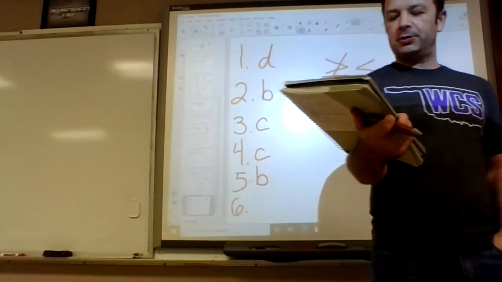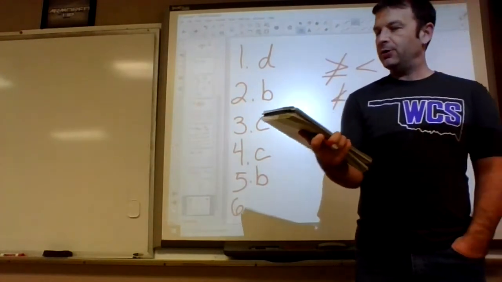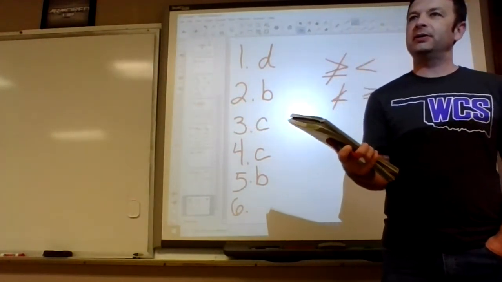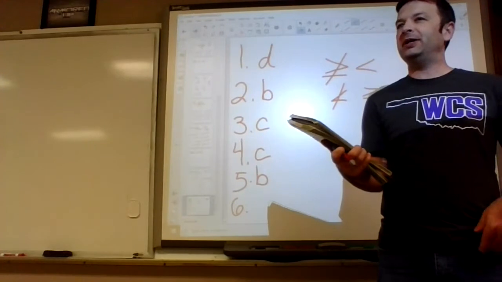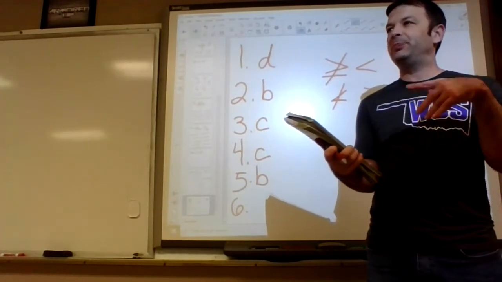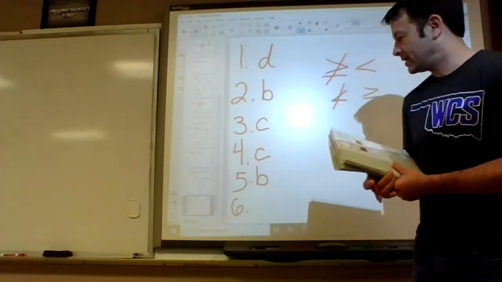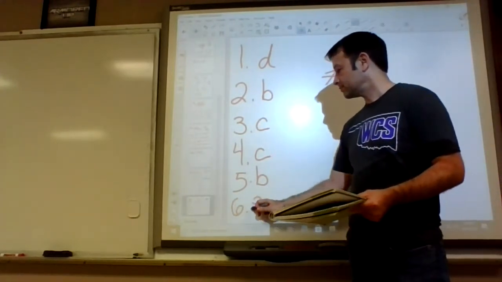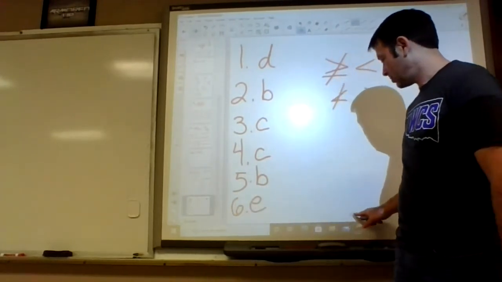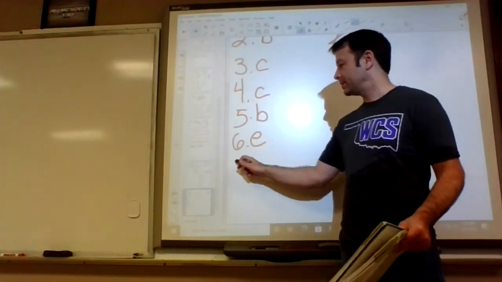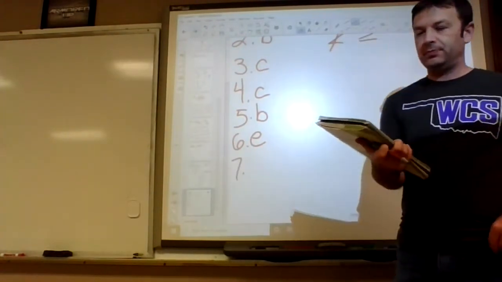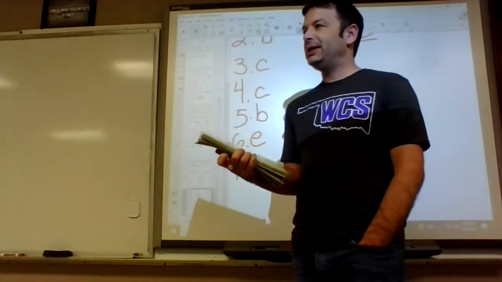Number 6 is another tricky one. Is greater than or is less than? So basically it's everything except for that number. It's bigger than the number or less than the number. So which option is that? Yeah, that's E. That reminds me we need to look at those graphs in a second. Exceeds.